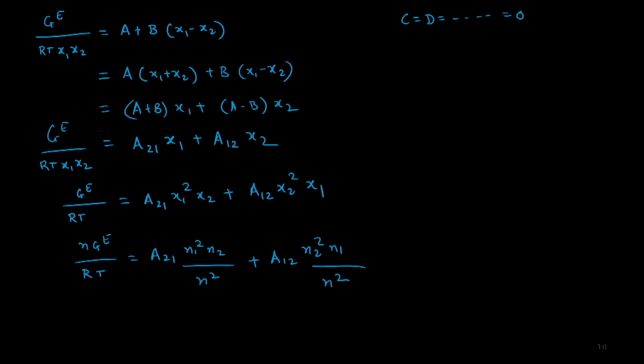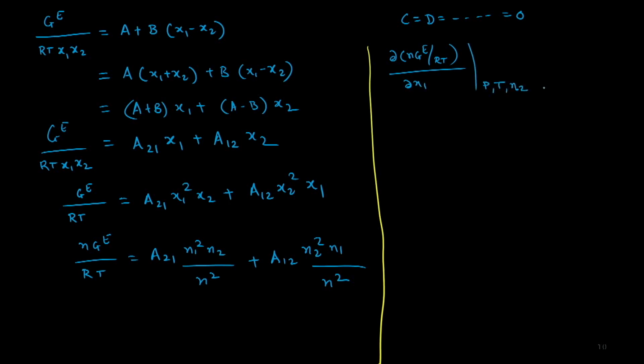Now once we have it in this form, I can take the derivative of this quantity with respect to n1 and obtain G1 bar E by RT. So the derivative of nGE by RT with respect to n1 at P, T and n2 will be equal to A21 times, n2 is constant, and I have n1 squared whose derivative will be 2 n1 times n squared minus 2n n1 squared over n to the power 4.